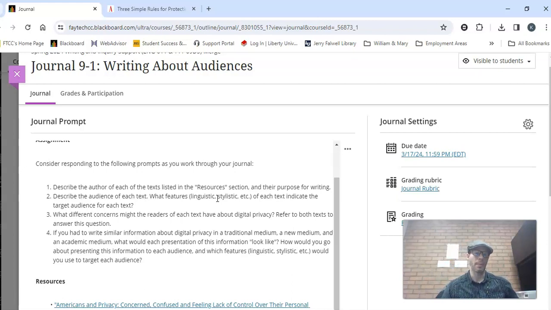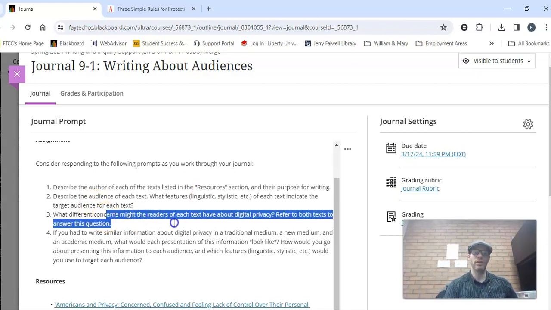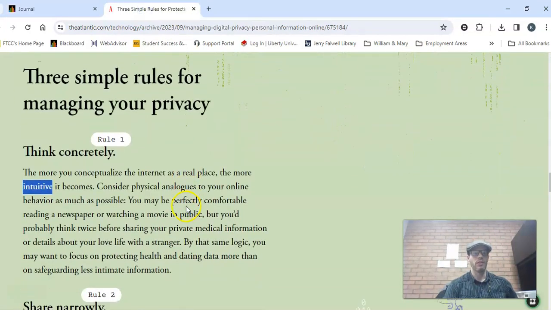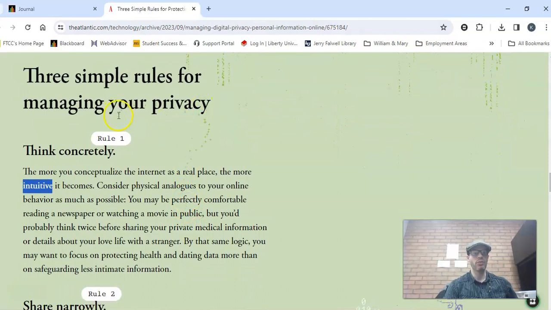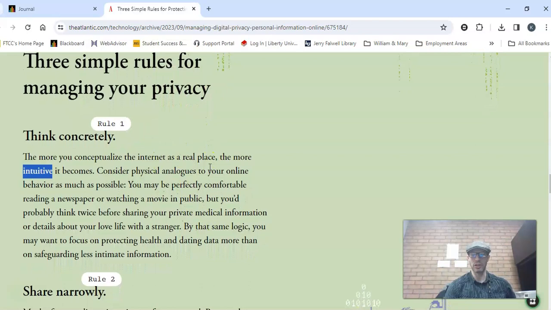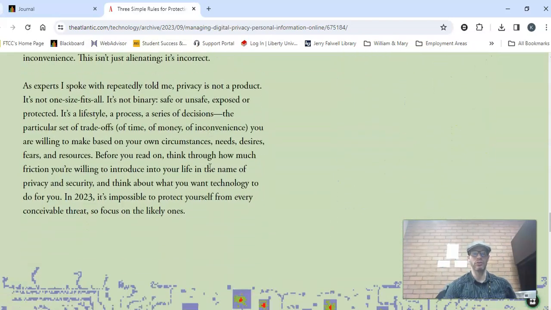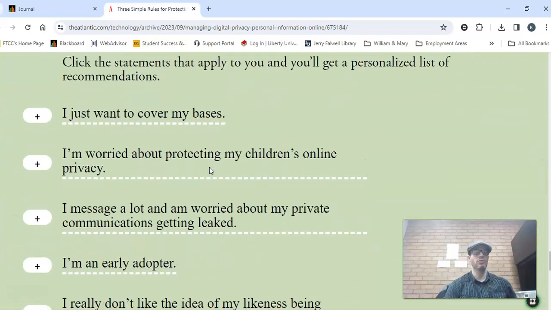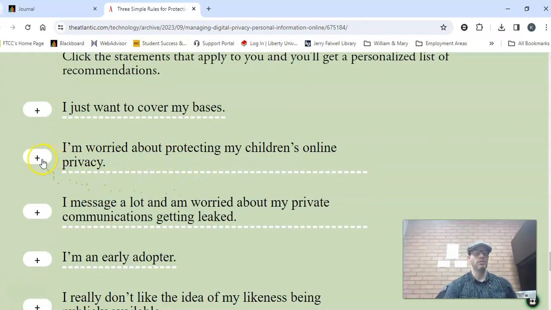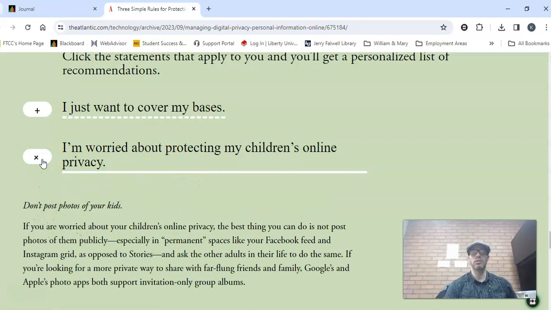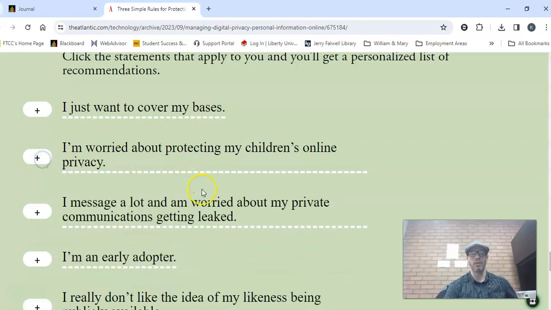The third question, what different concerns might the readers of each text have about digital privacy? Well, generally, this is 3 rules for managing your privacy, so they want to manage their own information and keep it safe. That's a concern for people that are going to use this source. But you can also take a look at things like this, where they talk about, oh, maybe these are average users who just also want to protect their children online.